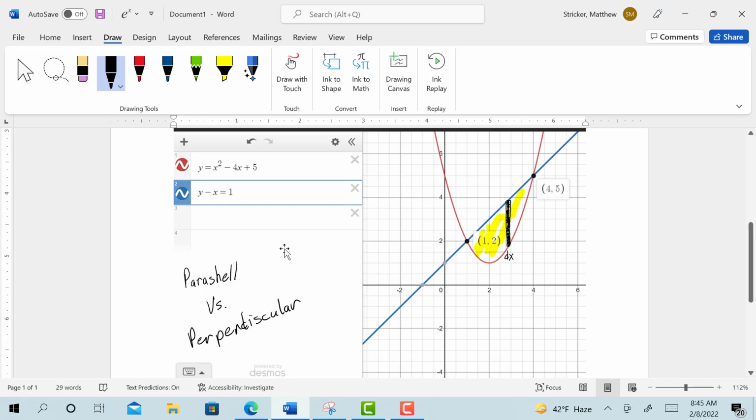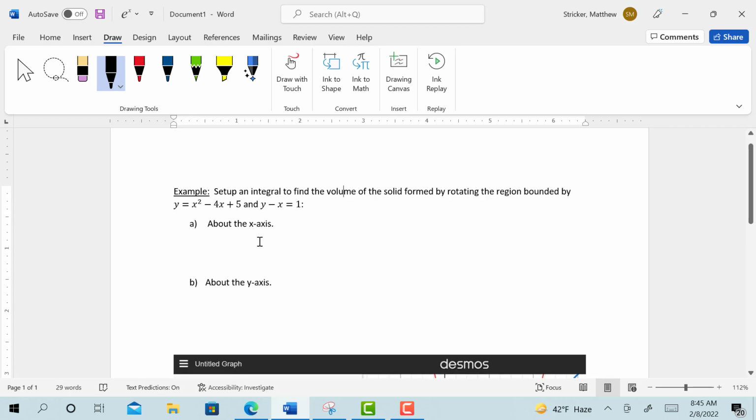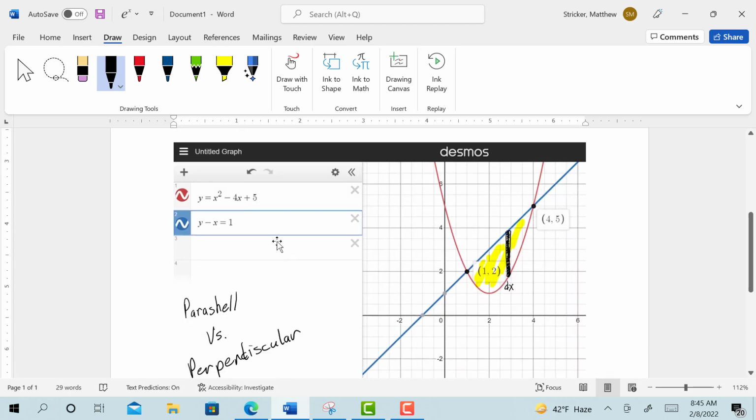Take part A: we want to rotate about the x-axis. I already have my rectangle in there, and if I'm rotating about the x-axis, that rectangle is perpendicular to the x-axis. So which method am I going to use if it's perpendicular? The disk method, which is sometimes the washer method.